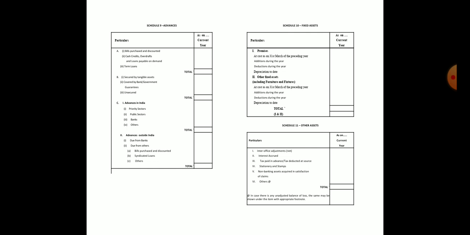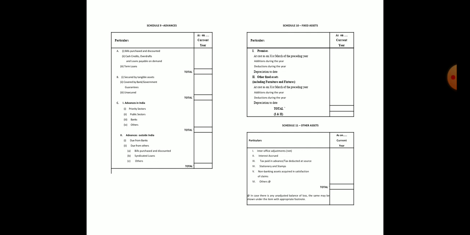Addition stands for purchase of other premises and deduction stands for the sale of that premises, and depreciation up to the last date of the year.